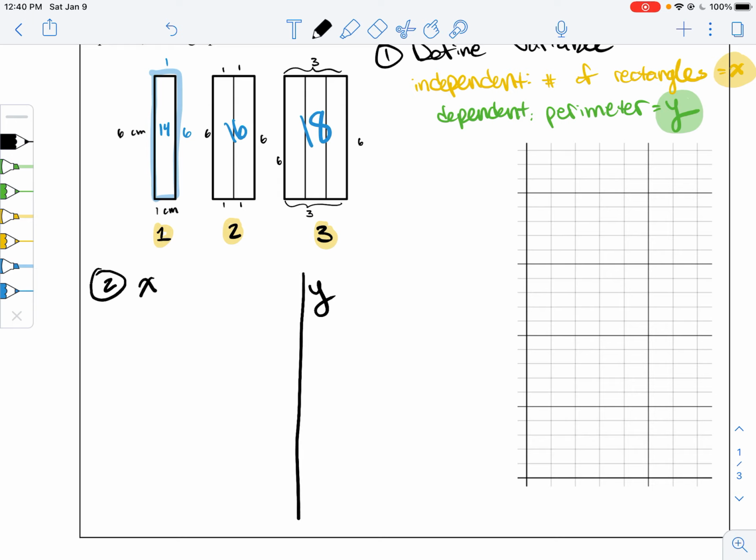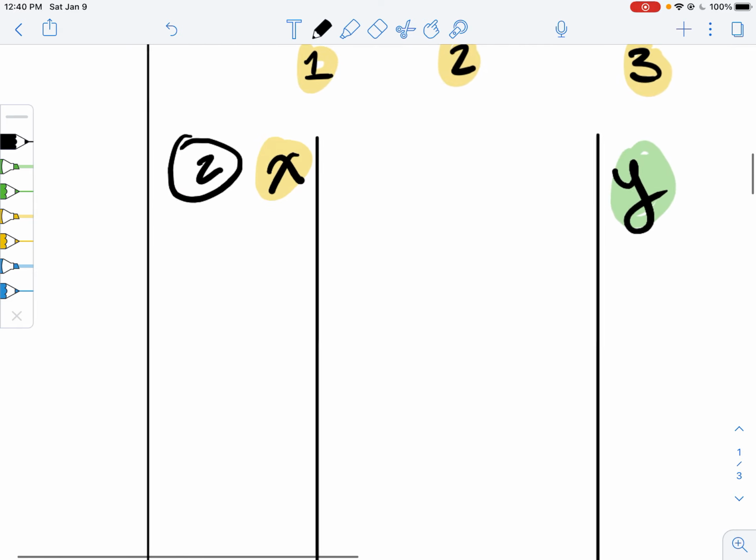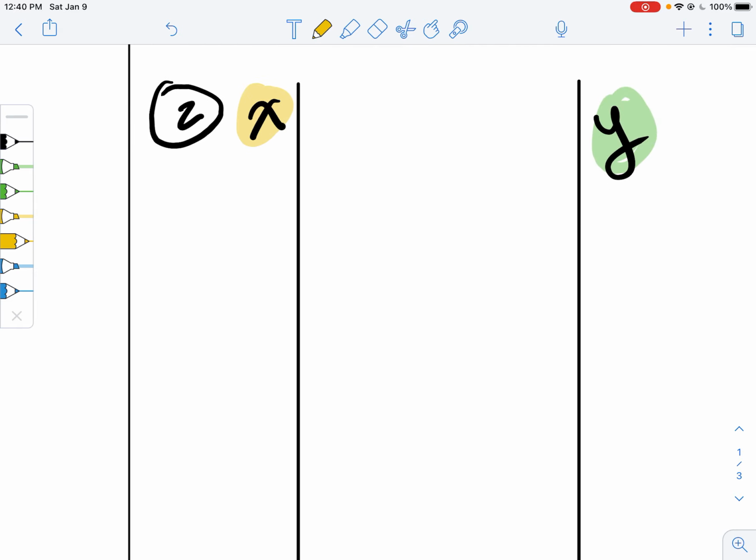And for design's sake, let's do a little quick color coding so we remember what's what. x is the number of rectangles and y is the perimeter. Cool. So I did x and y. If you want to change your table and say, oh, that's number of rectangles, that's fine. Or y is perimeter.